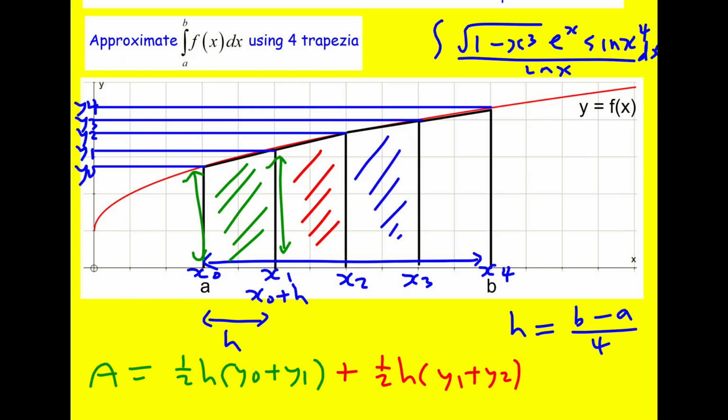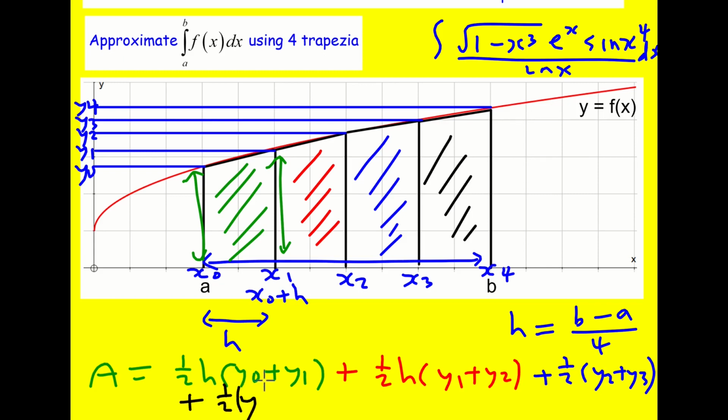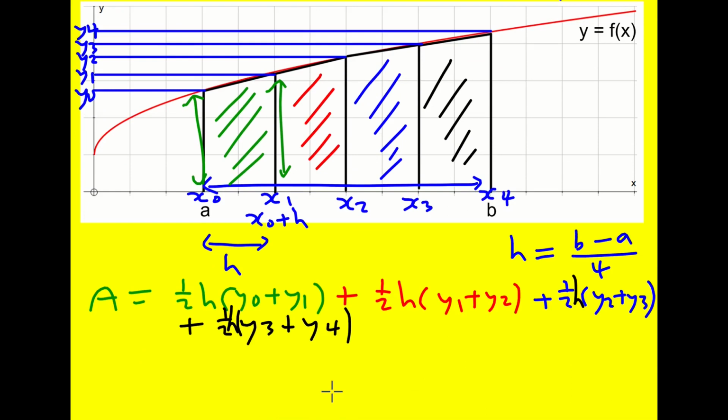This one here, similar sort of thing, y2 plus y3, and then finally, I missed out the h there, didn't I? Sorry, and that should be an h. There should be an h here. y3 plus y4. All right.